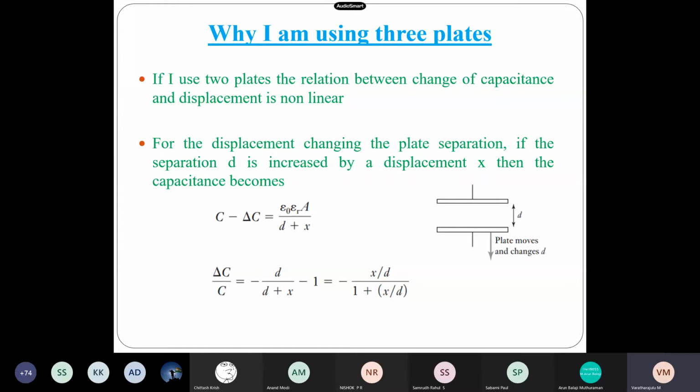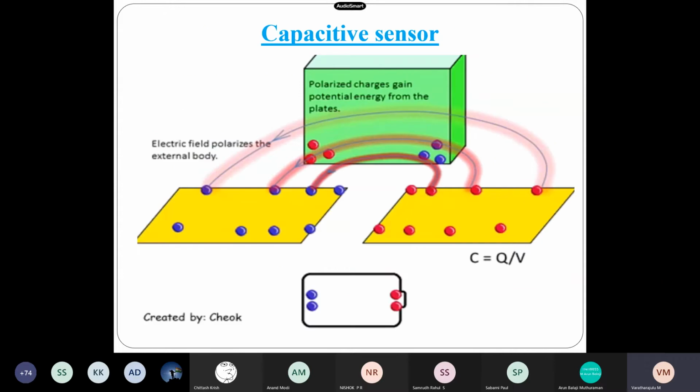If we use two plates, the relation between change of capacitance and displacement is non-linear, and we have some equations. A little later we'll make a detailed note about these equations. In capacitive sensors, the electrical field polarizes the external body, and the polarized charge changes the potential energy from the plates.